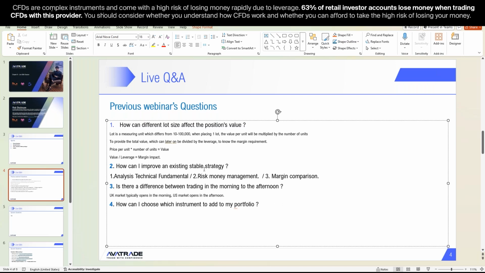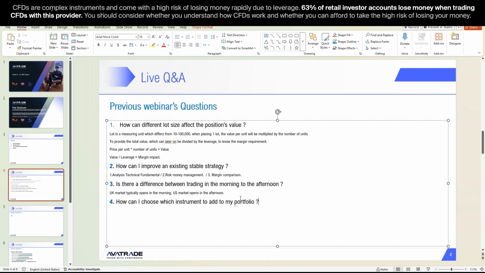The following question, the last question we've got here, is how can I choose which instrument to add to my portfolio? Well, that's one of the things that I explained just now, right? That depends on your available time frame to trade.